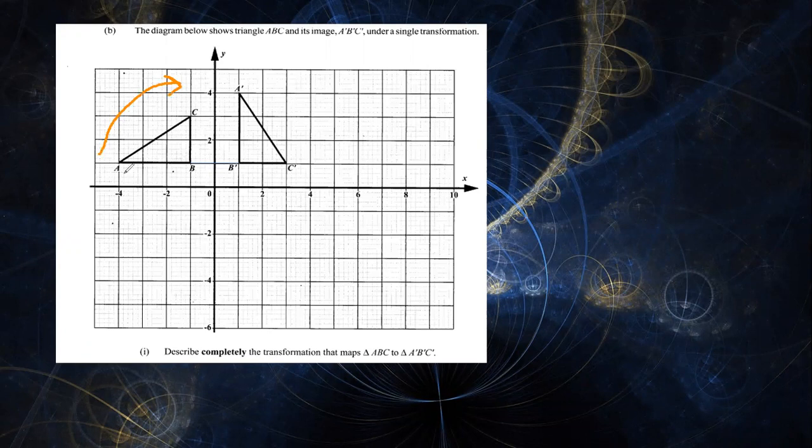So it's definitely going to be a rotation. It was horizontal here, now it's actually vertical. So it's a rotation in a clockwise direction, and the angle of rotation appears to be 90 degrees. Okay? And the center of rotation is going to be the origin.